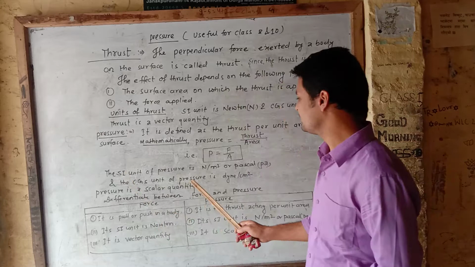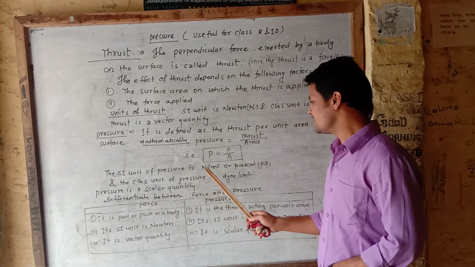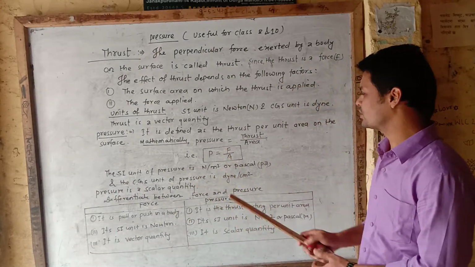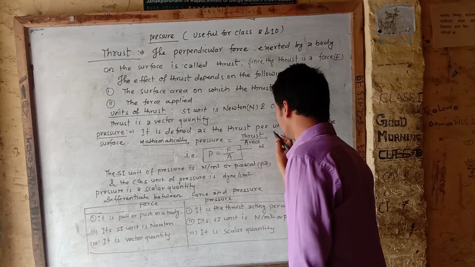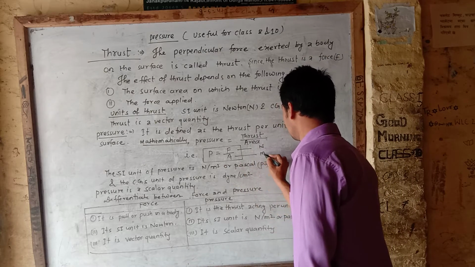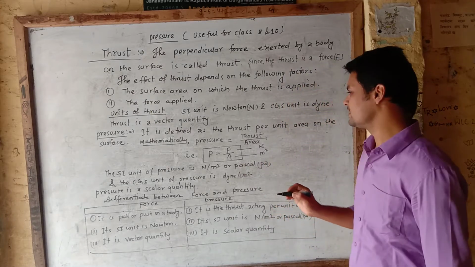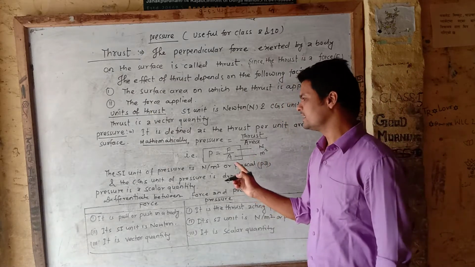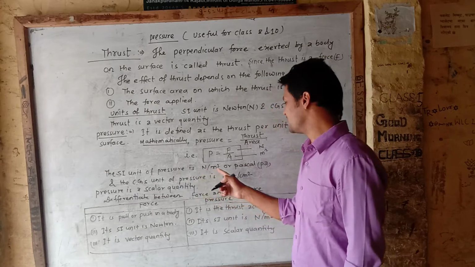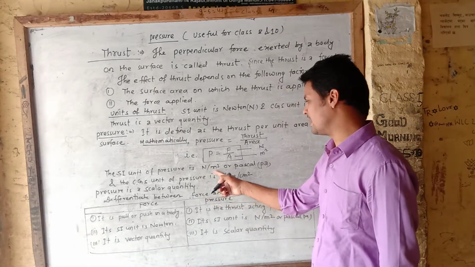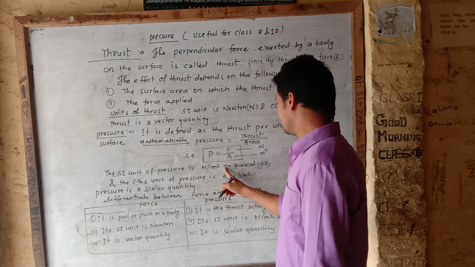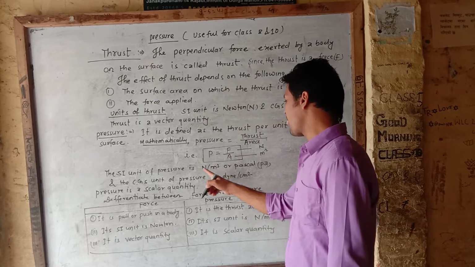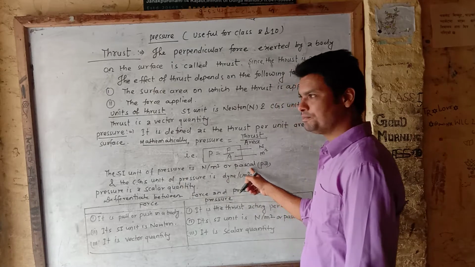The SI unit of pressure is Newton per meter square. It means the SI unit of force is Newton and area is meter square. Since you can write the SI unit of pressure is Newton per meter square, and we can also say that the SI unit of pressure is Pascal.